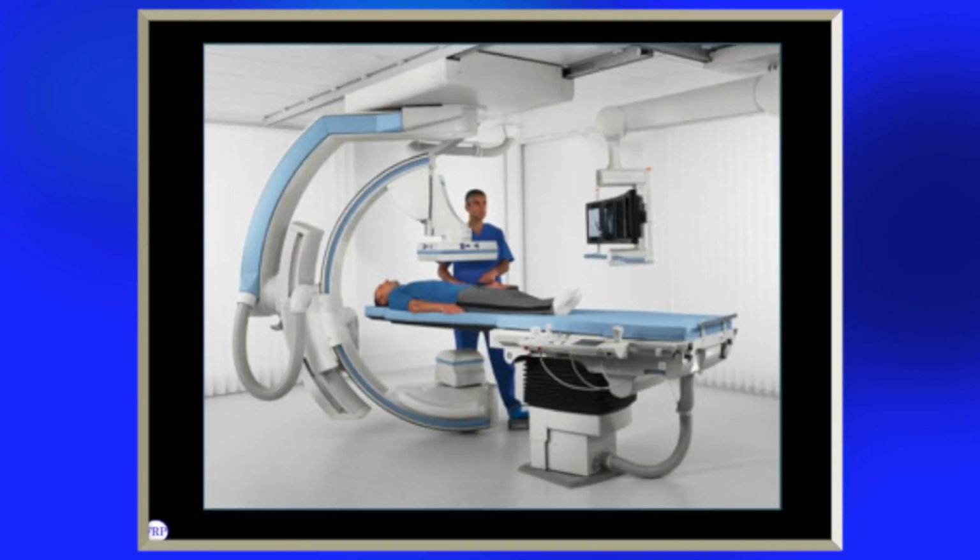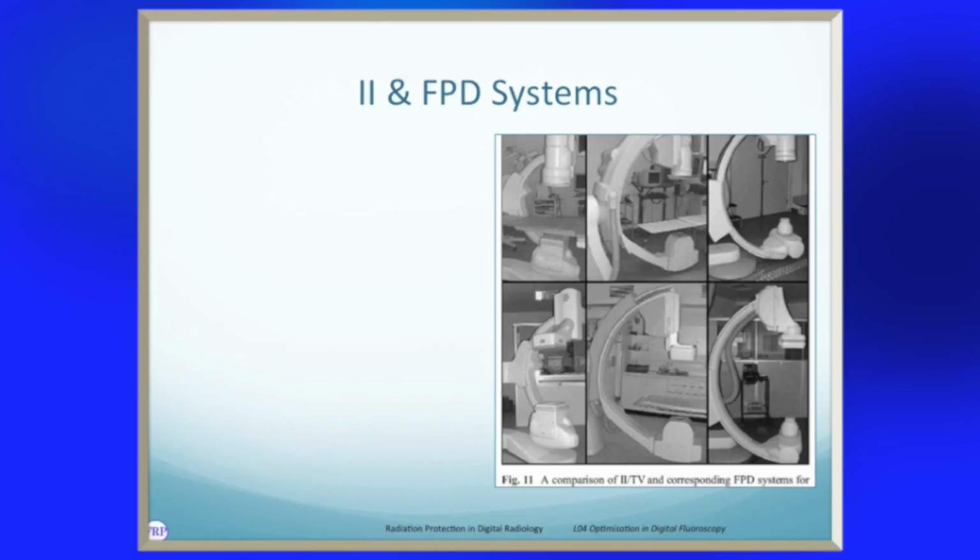What I want to look at first is, if you look at the top of this image, those are all different C-arms made by different manufacturers. Each one of them has an II, or an image intensifier, and that's that bulky area on the top. And down below, it's exactly the same C-arm made by the same manufacturer, three different ones with a flat panel detector.